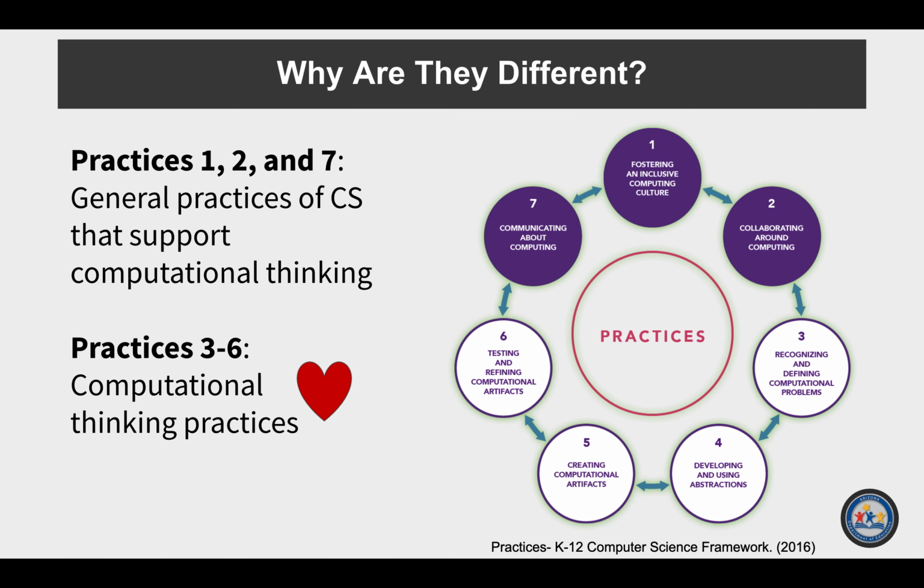Computational thinking is at the heart of the computer science practices and is delineated by practices 3 through 6. Practices 1, 2, and 7 are independent general practices in computer science that complement computational thinking.